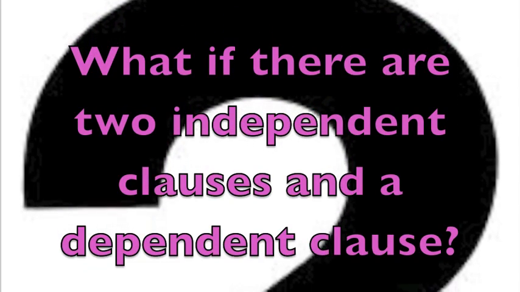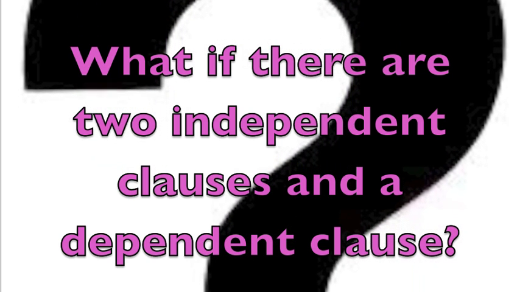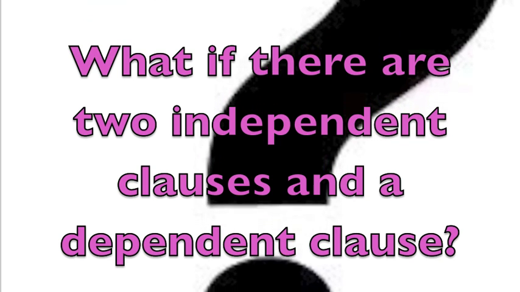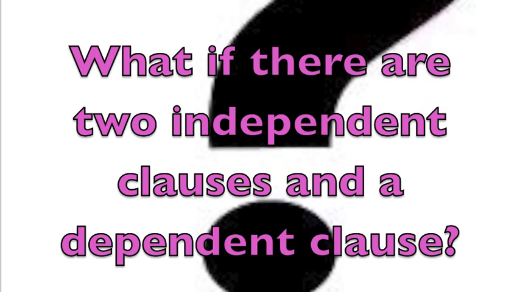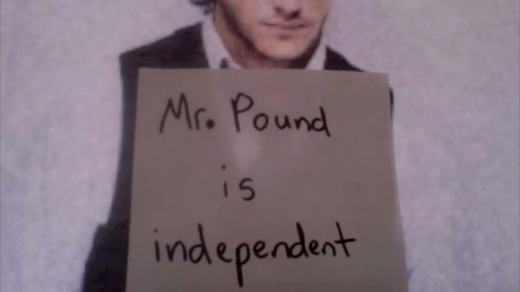So, you might be wondering, what if you have two independent clauses and a subordinate clause? What happens then? Well, I will tell you. Let's go back to our compound sentence. Miss Comb is independent and Mr. Pound is independent.